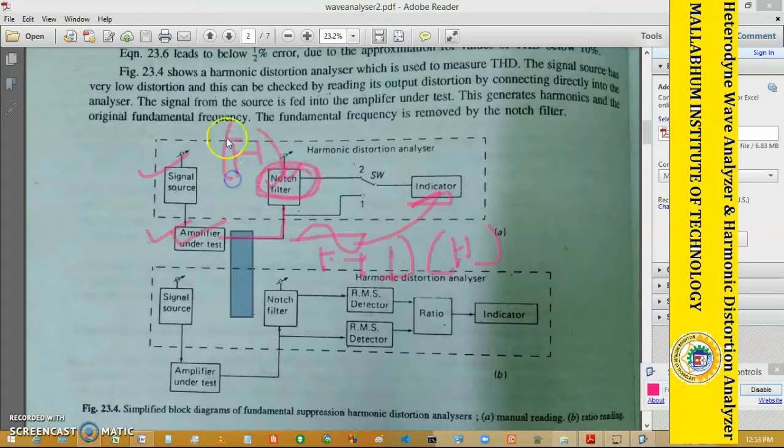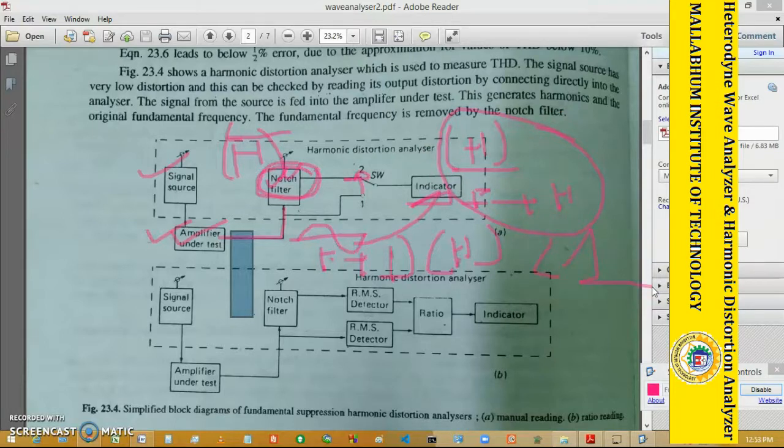After removing the fundamental frequency, after positioning the switch to 2, we are getting the power of the harmonics only. Okay, so harmonics divided by fundamental plus harmonics. That ratio must be less than 1, very much less than 1 for proper working of the circuit.